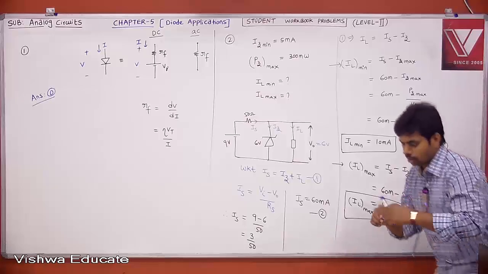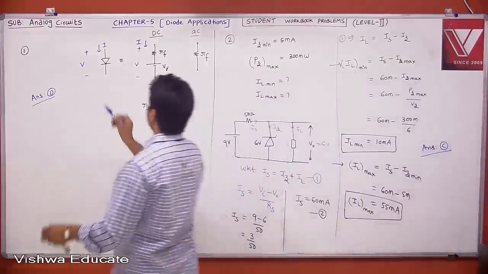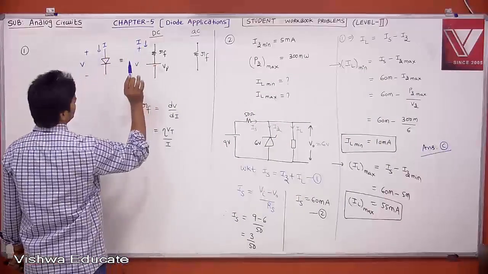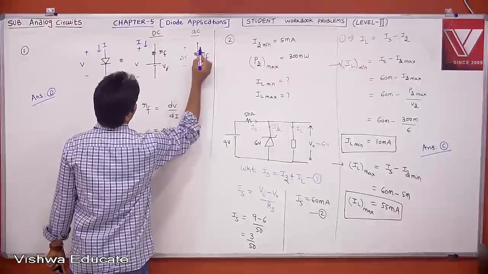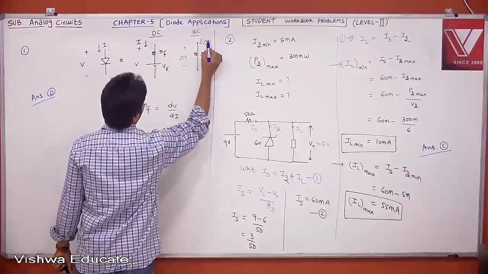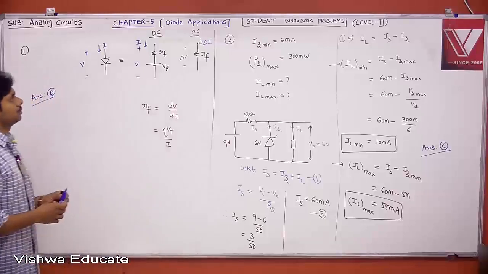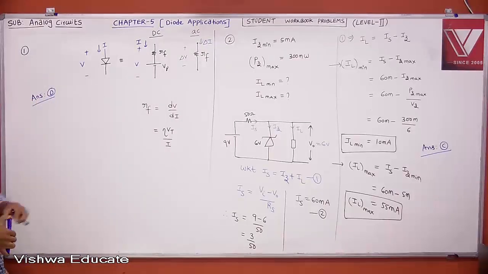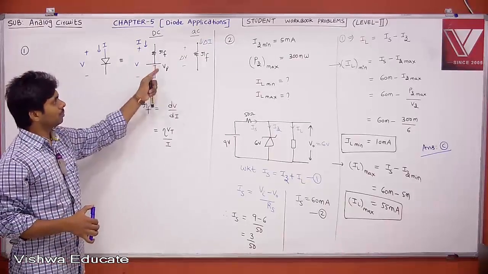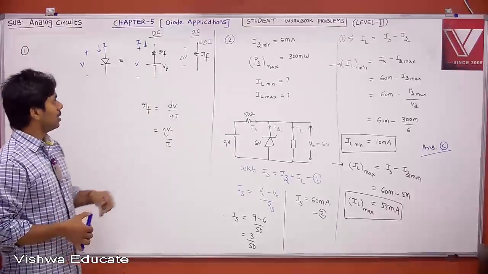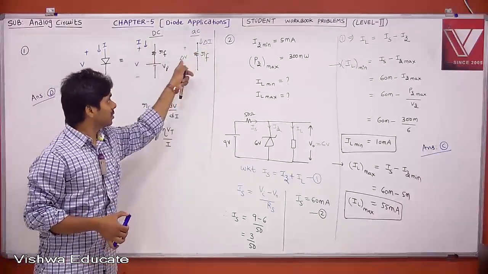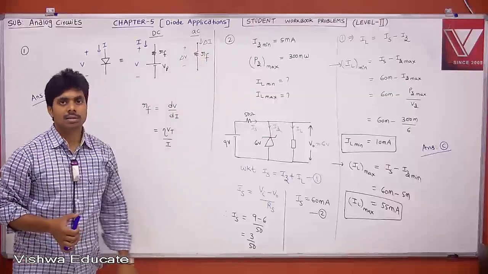Just for your understanding, here when you say VI, this is DC VI. But here it will be delta V, delta I. That is the representation. Because whatever DC you have, that will be taken out, because delta V gamma is 0. There is no change in V gamma. Whatever change in current you are getting is because of change in voltage across your AC resistance.